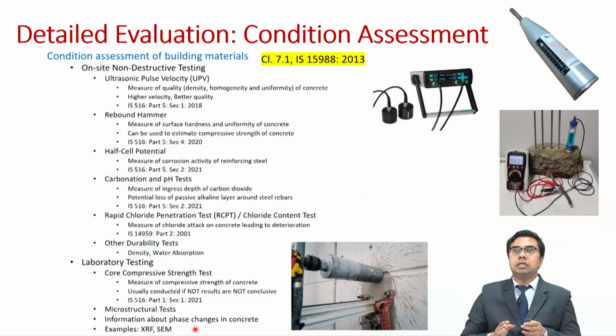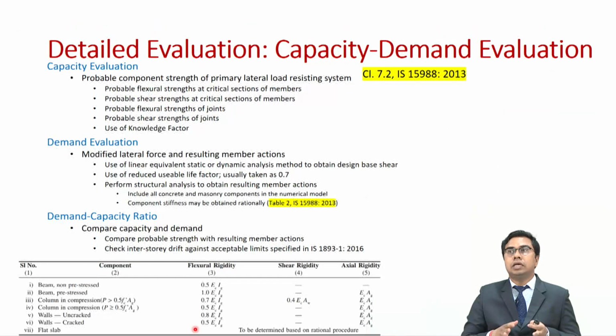After doing the condition assessment of the building components and building material, we shall go to capacity demand evaluation. In the capacity demand evaluation, we will evaluate capacity and demand. In capacity evaluation, we determine the probable component strength of the primary lateral load resisting system, particularly at critical sections.